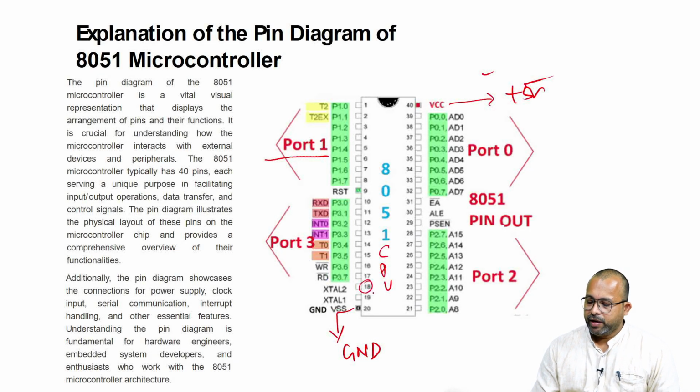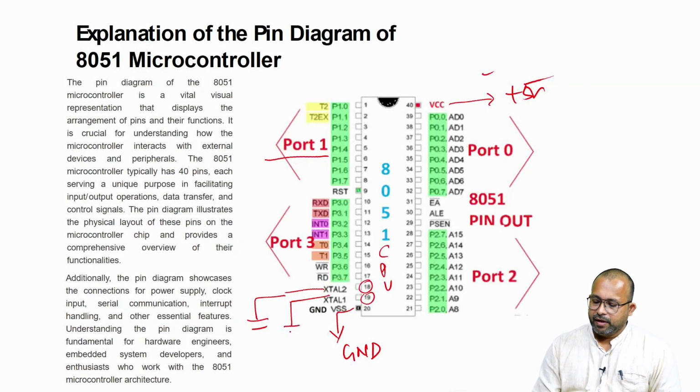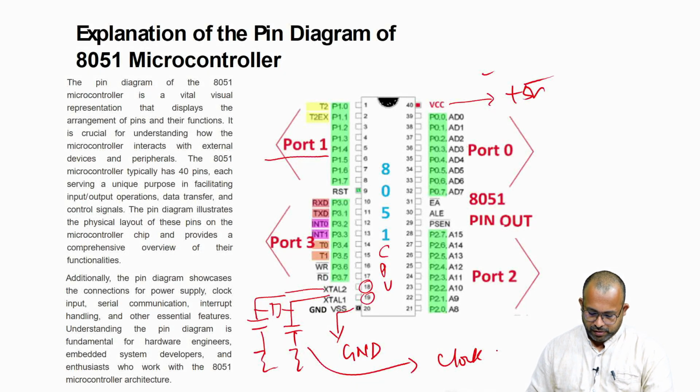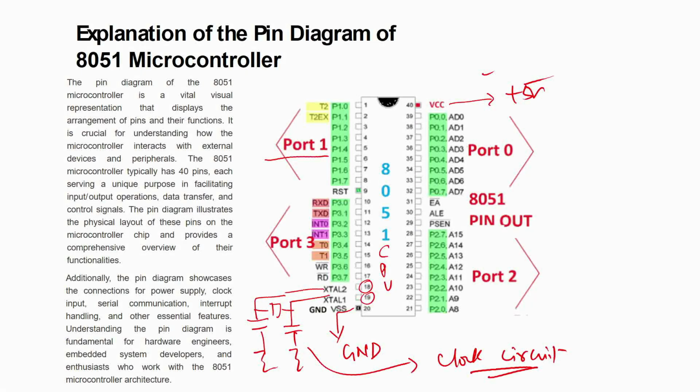On the 18th pin and 19th pin we can externally connect a ceramic resonator, so that it will act as a clock circuit. Whatever frequency the ceramic resonator is resonating, that frequency of clock is generated. The general operating frequency of 8051 is 12 megahertz.